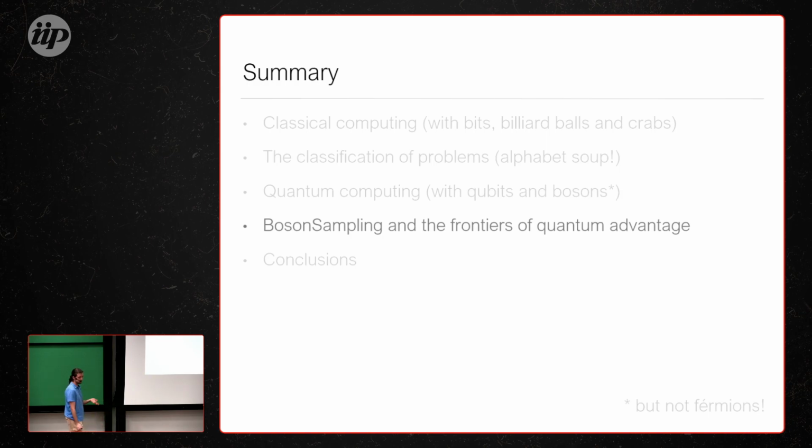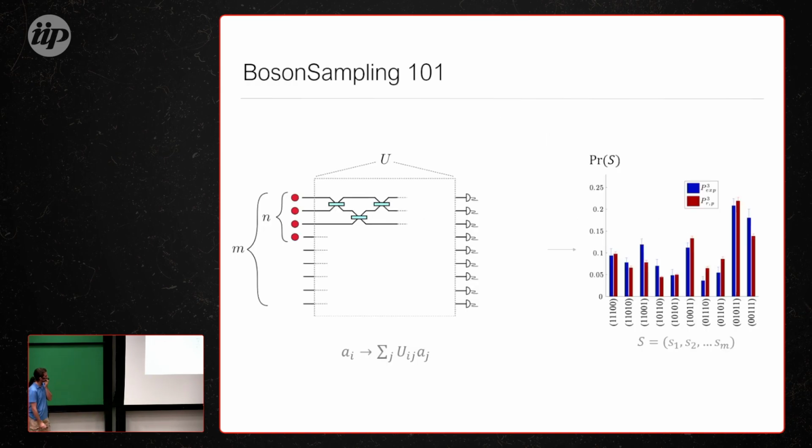So the task of boson sampling is the following, just formalizing a little bit the thing that I've already said. You start with a bunch of bosons, photons in practice, and they can travel in different directions, and they pass through this interferometer, which is just a big network of beam splitters. And you measure where they end up. You do this many, many times, and you accumulate statistics.